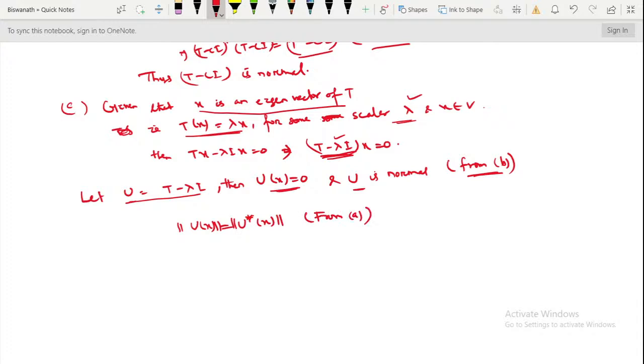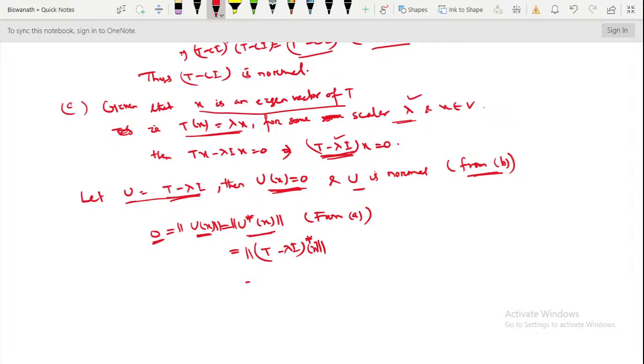Okay, and since U of x is 0, from the property of norm, its norm is 0. So norm Ux equals 0, which is equal to norm U star x. So what is norm U star x? U is this thing, so what is your U star? Your U star is (T minus lambda I) star, so (T minus lambda I) star of x.